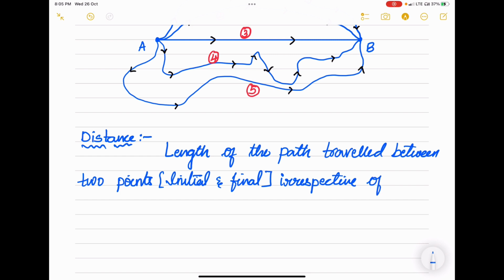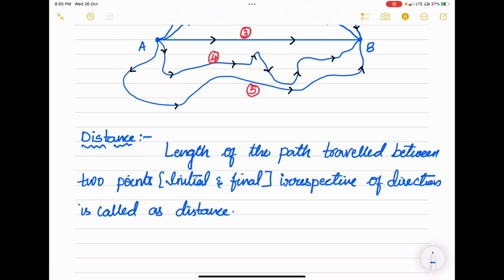This is quite important for us here. This is called distance. So let us see the definition once again: length of the path traveled between two points, that is initial and final points, irrespective of direction, is called distance.